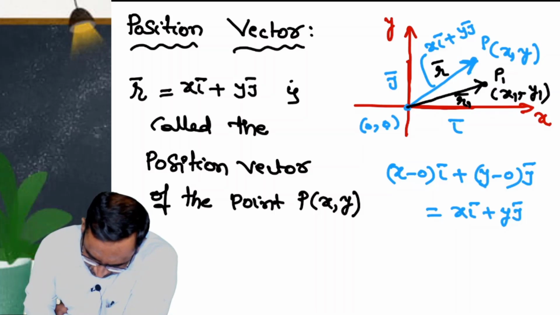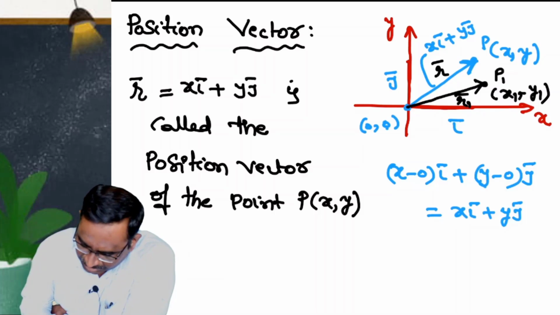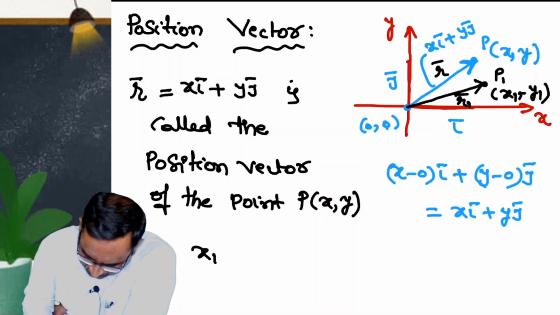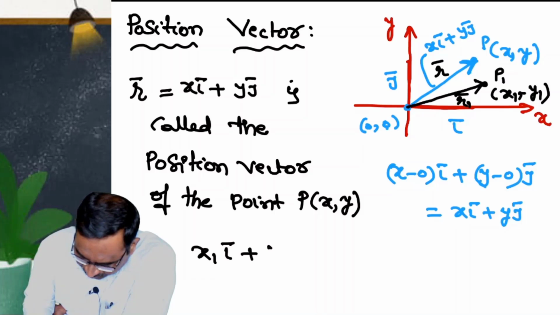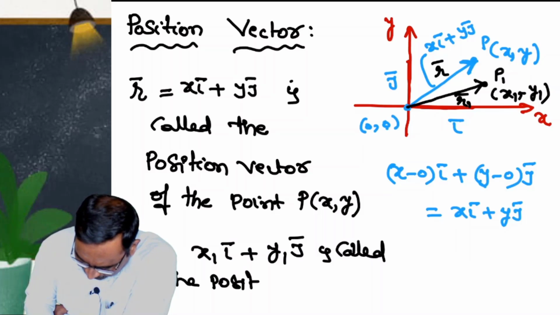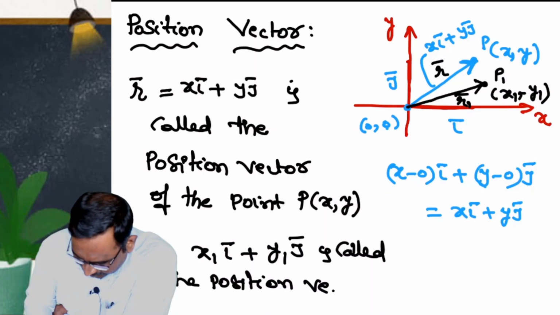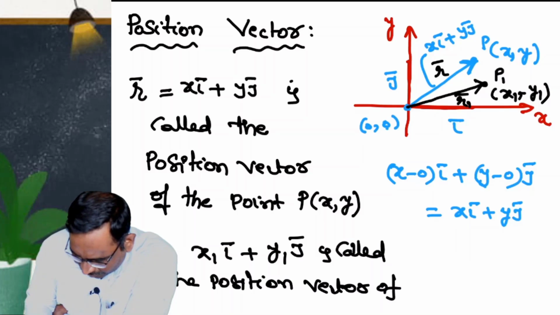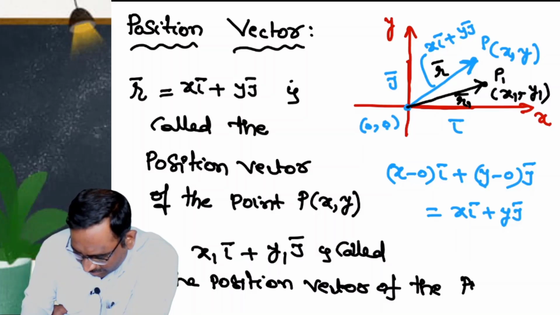So r1 bar is equal to (x1 minus 0) i bar, that means x1 i bar plus y1 j bar, is called the position vector of the point P1 (x1, y1).